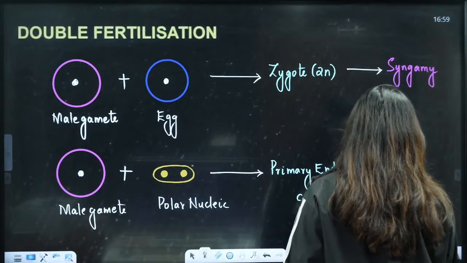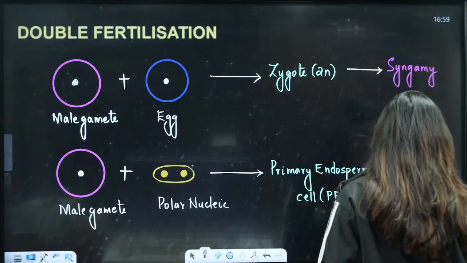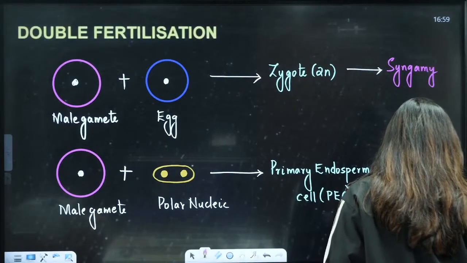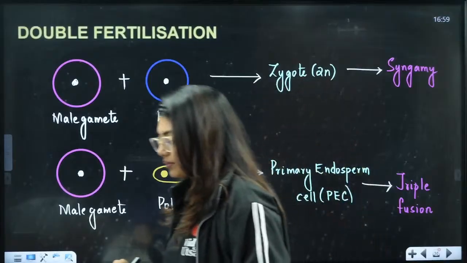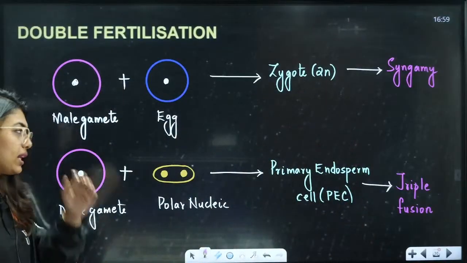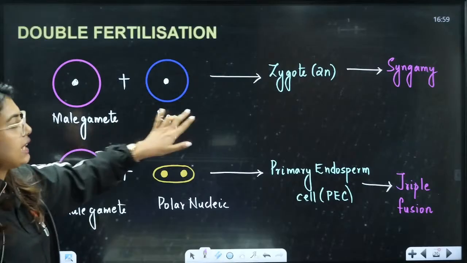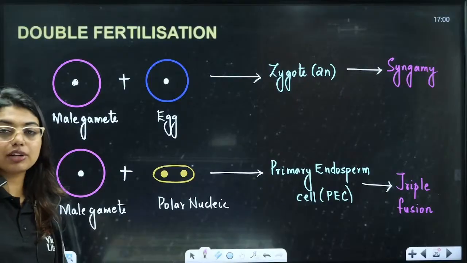This process we call triple fusion. Triple fusion. So in one situation where we got a male gamete plus the egg, we got a zygote. That process is called syngamy. The male gamete, the second male gamete, the engineer fellow who made a problem.